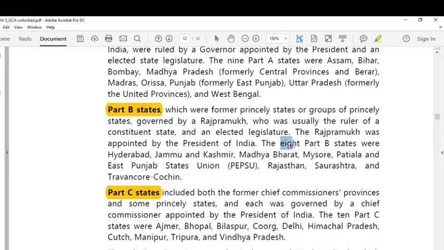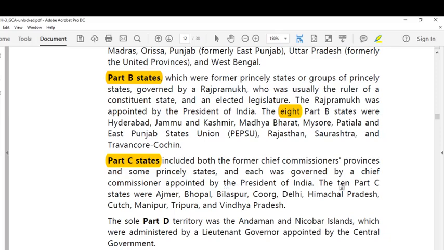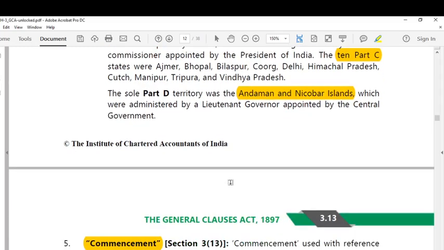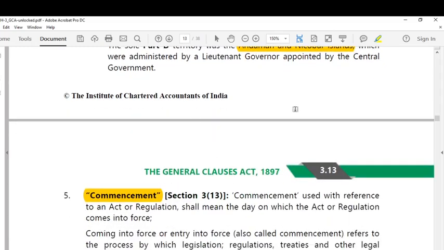There are about 8 Part B states, and about 9 Part A states. Even if you write the 9 Part A states and 8 Part B states, that will be sufficient. And there are about 10 Part C states, and Part D territory was the Andaman Nicobar Islands.